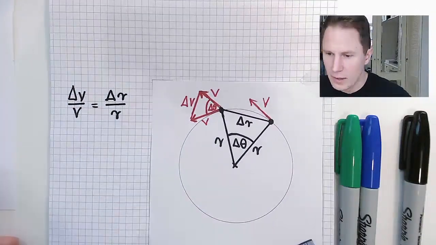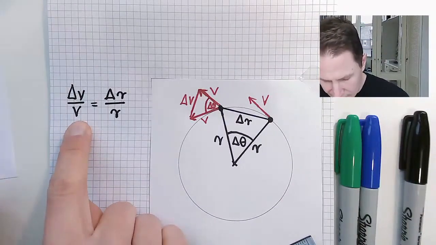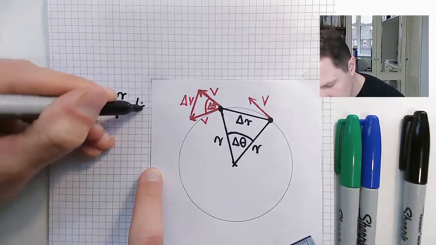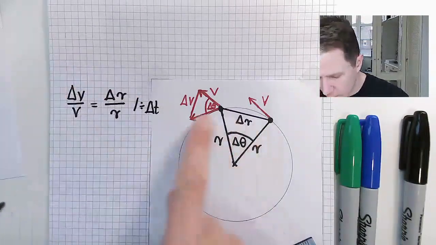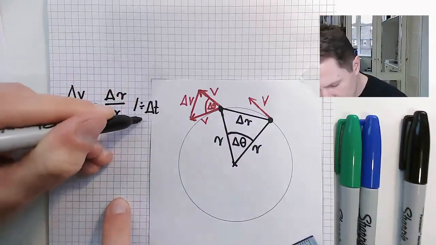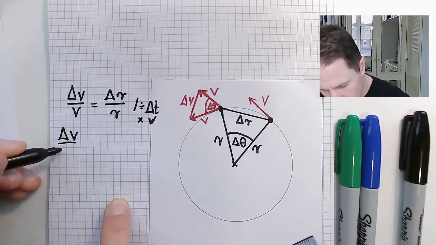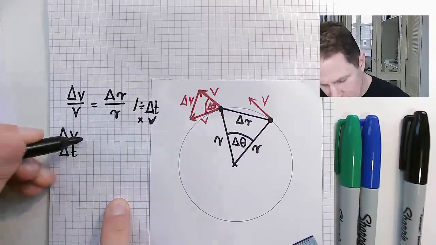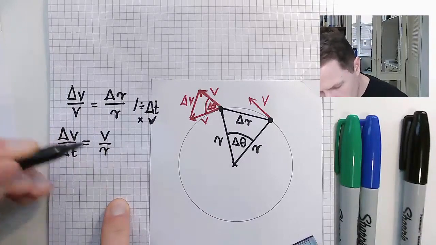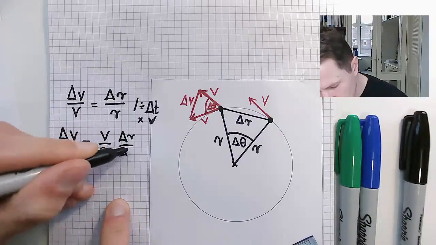Okay, so if you have this, you can do the following. You can divide by the time it took for this motion to happen, and maybe multiply by v. What you will get is delta v over delta t is equal to v over r, times delta r over delta t, since I multiplied by v.